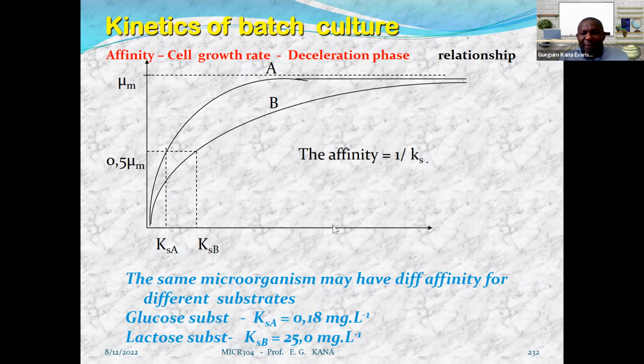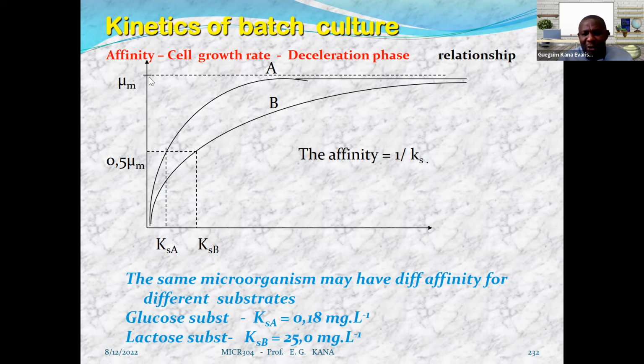Whereas from the same substrate concentration, if you project on the A axis, you realize that mu is not decreasing at all. Consequently, at the same substrate concentration with B, which is lactose, cells are lowering their growth rate already, whereas with the same concentration of glucose as substrate, cells are growing at the maximum growth rate.